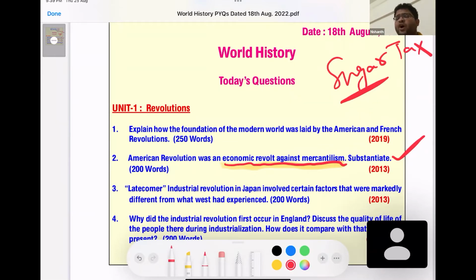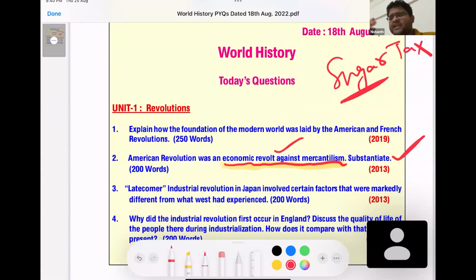Knowing all these reasons, Americans resented this policy, and they definitely came up against the British. So that is the economic aspect of the revolt of Americans against the British.